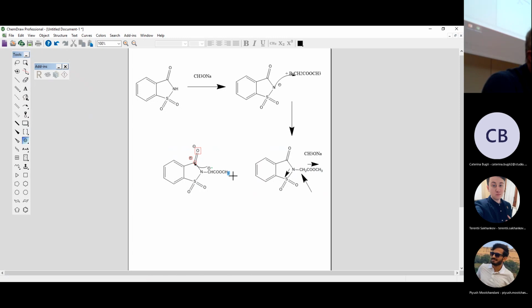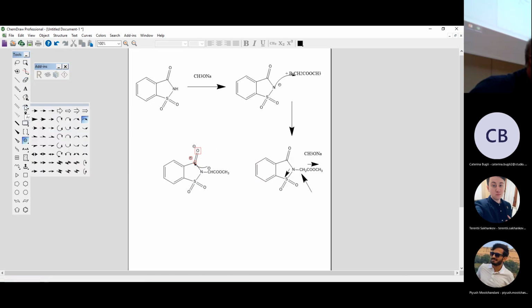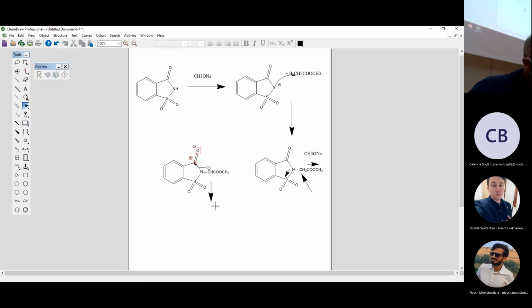And so we can have this type of attack, a nucleophilic attack on the carbon of the carbonyl group. And in this way, we have a ring expansion. You see, we can have this type of compound.